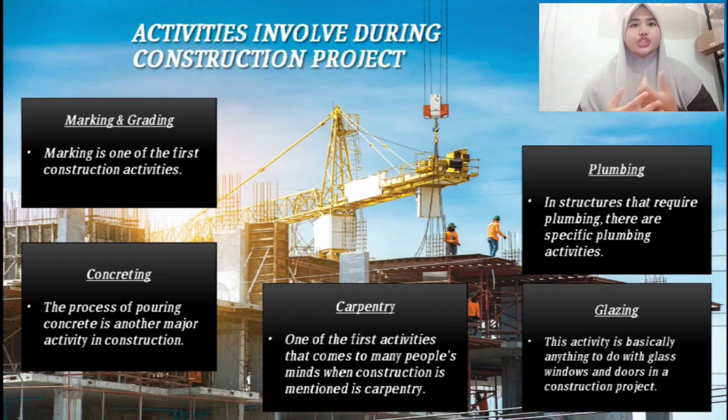In structures that require plumbing, there are specific plumbing activities that must occur to ensure they will function properly. This includes putting and piping and features for both incoming potable water and outgoing waste.